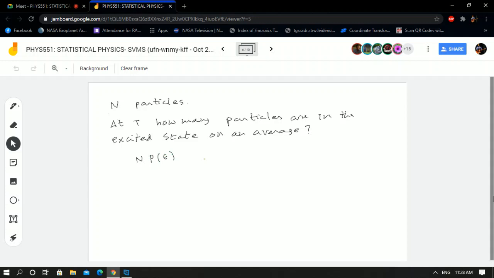Let us define n0 as the number of particles in the ground state, and n1 as the number of particles in the excited state.